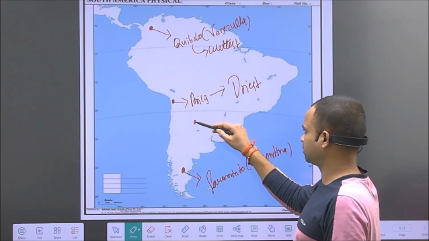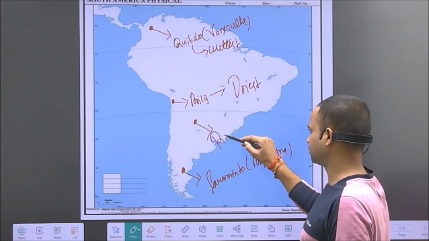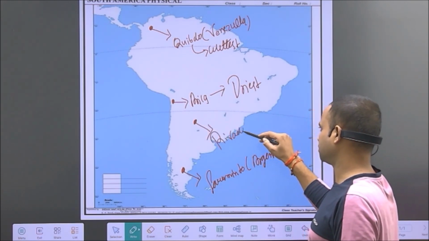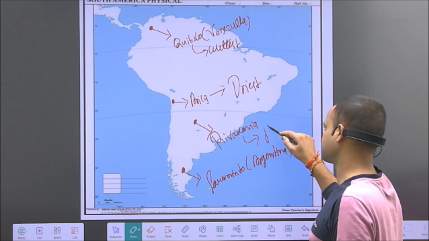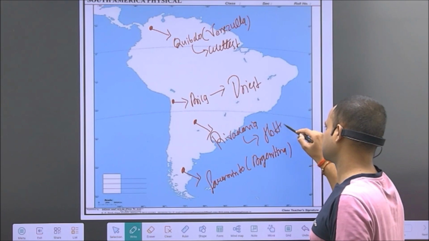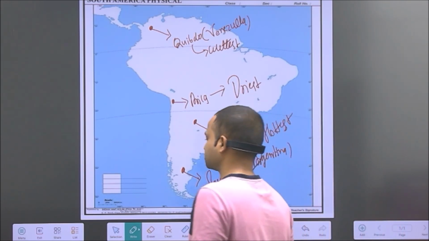And here you can see Rivadavia. It is the hottest place of South America.